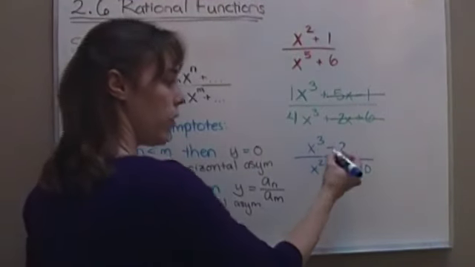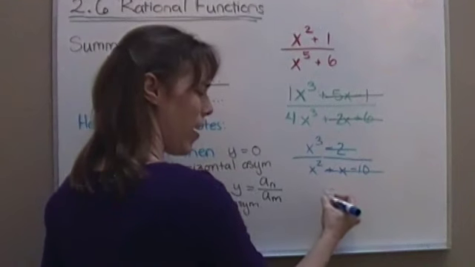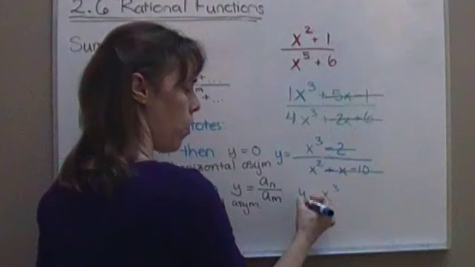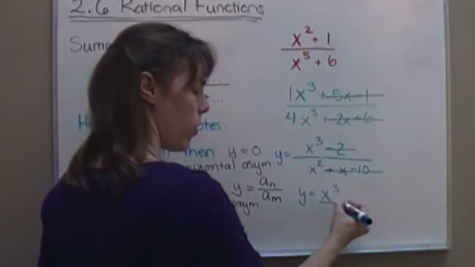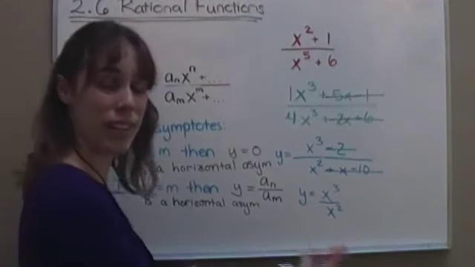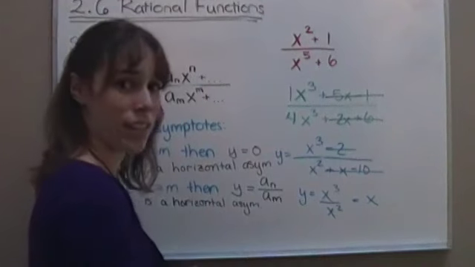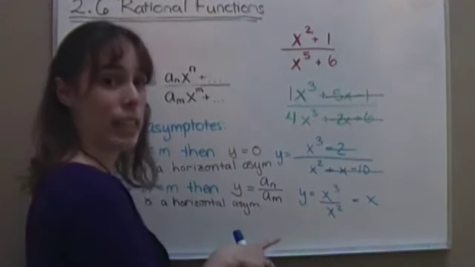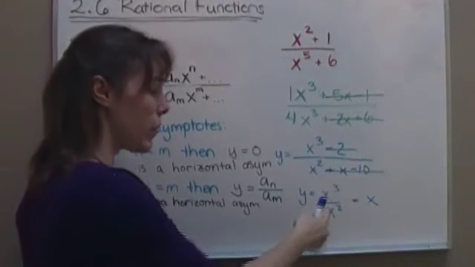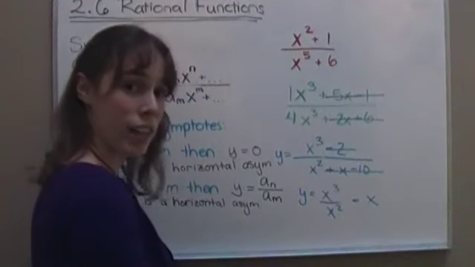What's happening? I don't care about this, we've established that, and I don't care about this, so I really have x cubed. Let's think about this as y equals x cubed over x squared, and what does that simplify to? Not that this is really legal, but it simplifies to x. This is highly suspicious. But whatever values I plug in, they're really going to cancel until I pretty much just have x.